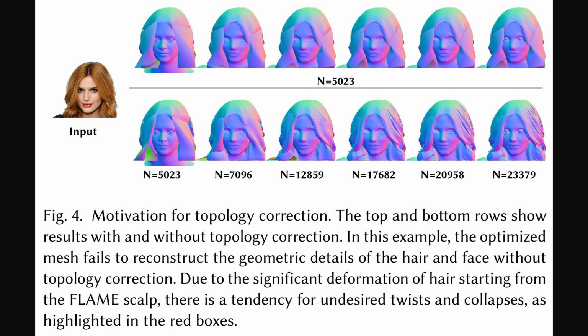You can see how it struggles, especially with the hair, leading to undesirable twists and a failure to capture fine geometric details. The bottom row, however, shows the results with topology correction. As the N value increases, likely indicating a more refined mesh with more vertices, the geometric details of the hair and face are much better reconstructed. This step is clearly crucial for getting those complex shapes right.